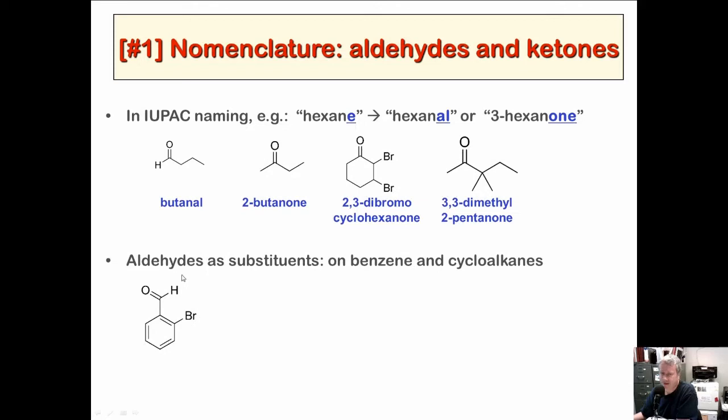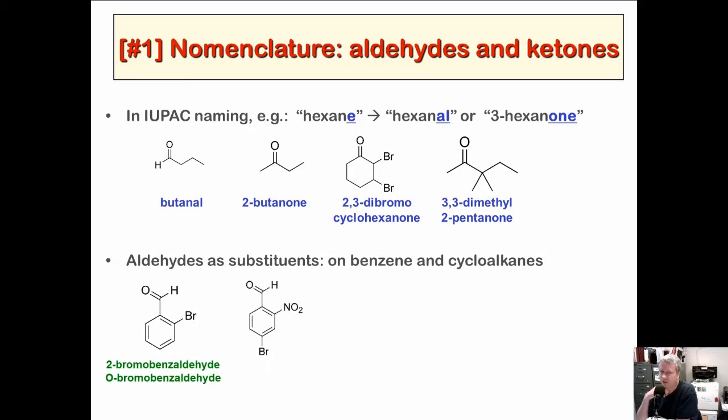Aldehydes on a benzene are usually called benzaldehyde. So this thing by itself, without the bromine, is called benzaldehyde. And the bromine is on carbon 2, because you would number around the ring from the aldehyde. So it's 2-bromobenzaldehyde, or you could call it ortho-bromobenzaldehyde. That's a common name also.